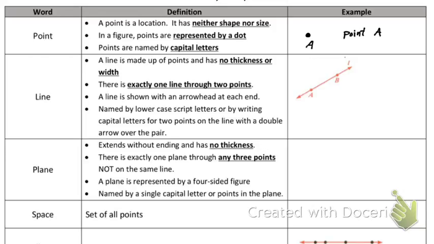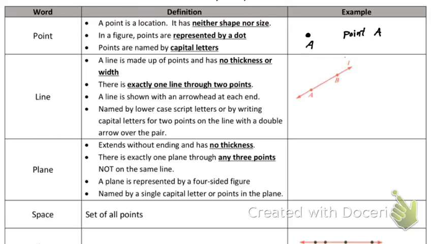So we're starting with the most basic thing, just a pencil on a piece of paper. Now we're going to expand that. We're going to put two things, and we're going to expand it in both directions, which leads us to a line. So we start with a point that has no shape, no size, and we extend it in both directions forever, and we get a line.